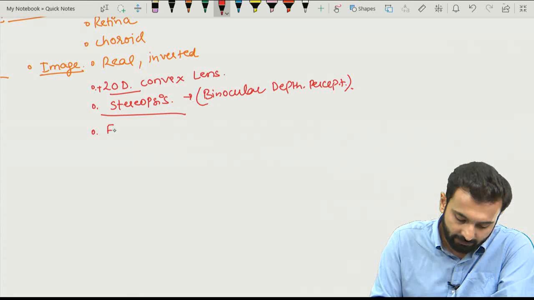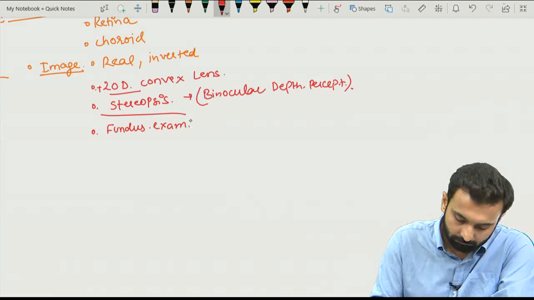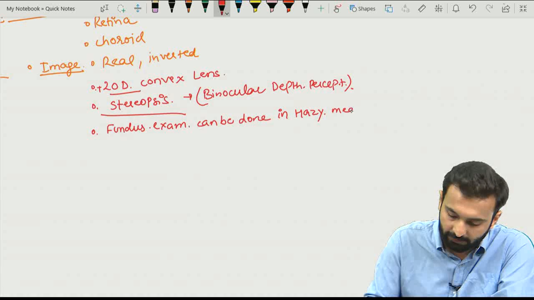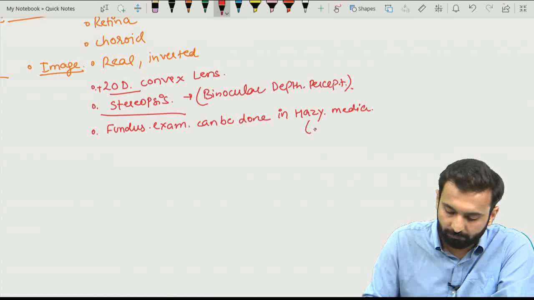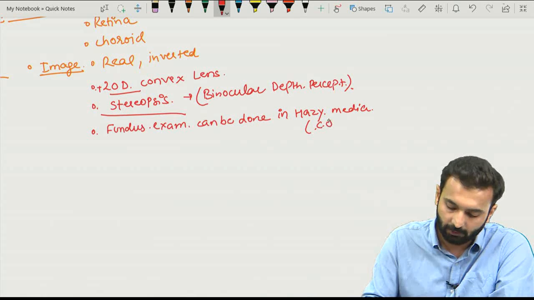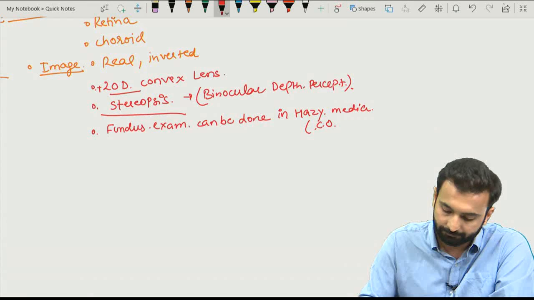Now fundus can be examined in hazy media. By hazy media we mean that there can be a corneal opacity or a cataract.